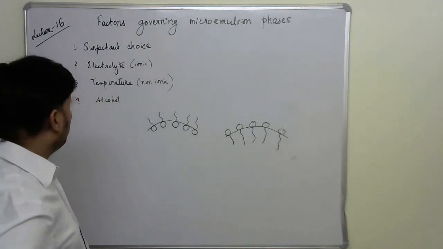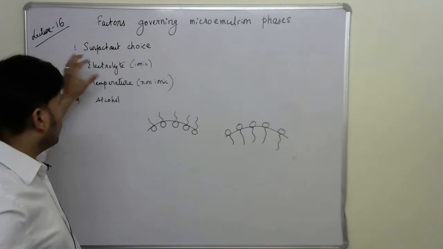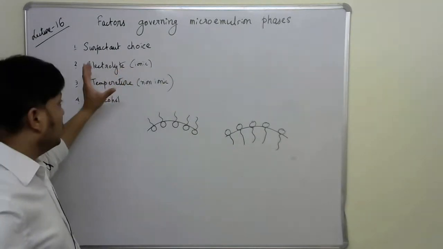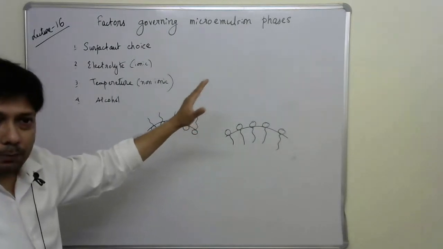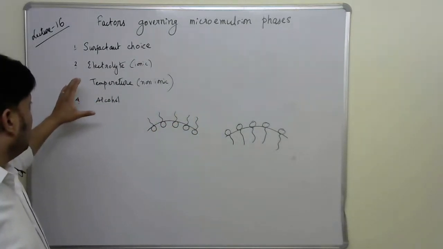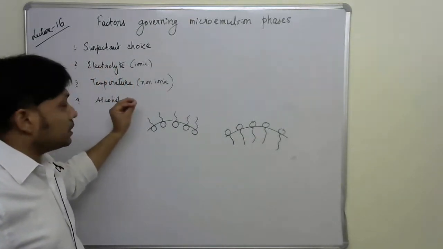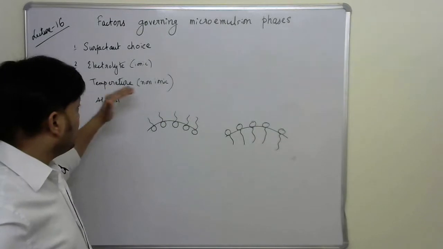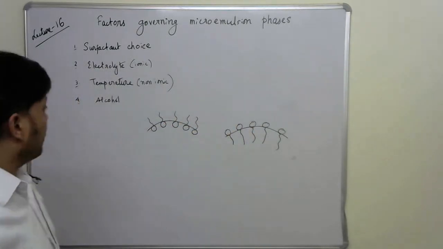For ionic surfactants, if you have more electrolytes, it would form more into the type 2 Windsor system. And if a non-ionic surfactant forms type 1, then with increasing temperature, it would gradually shift to the type 2 Windsor system.